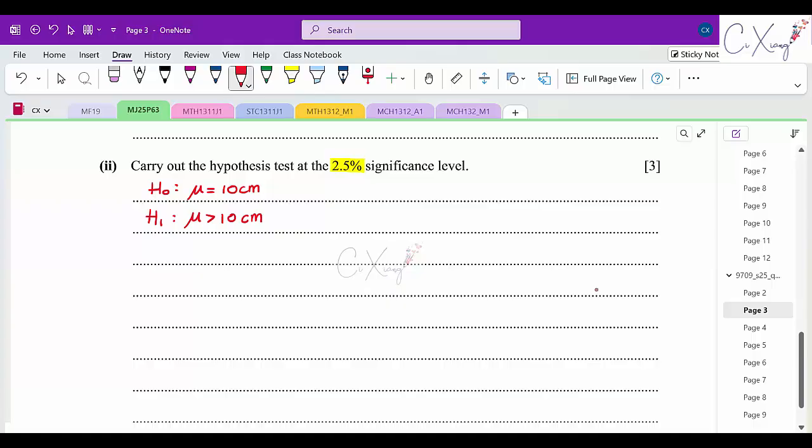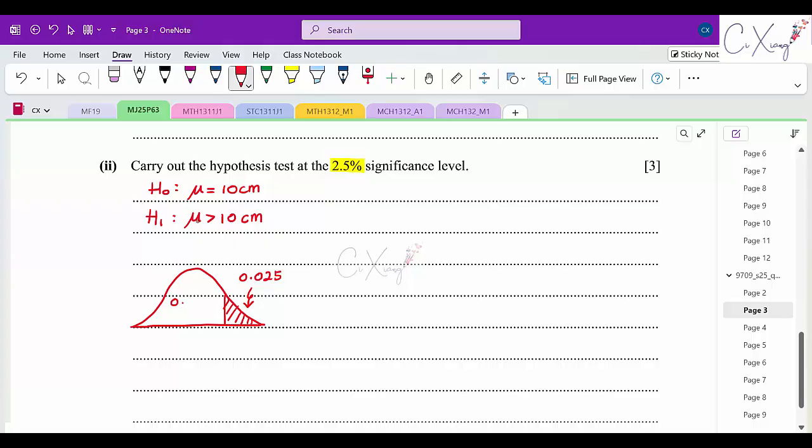Second step, we need to know what the critical value is. Usually I will draw a normal graph because this is normally distributed. I know that for the alternative greater than 10, the rejection region is on the right. Then the area of the rejection region will be your significance level, which is 2.5%, so it will be 0.025.